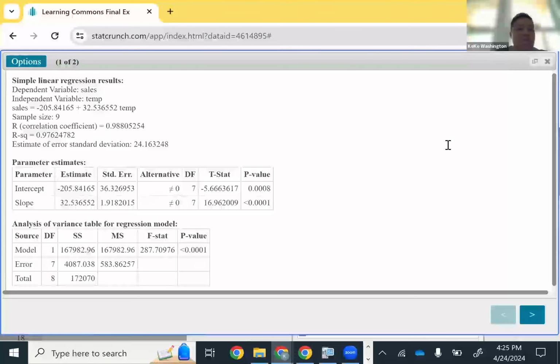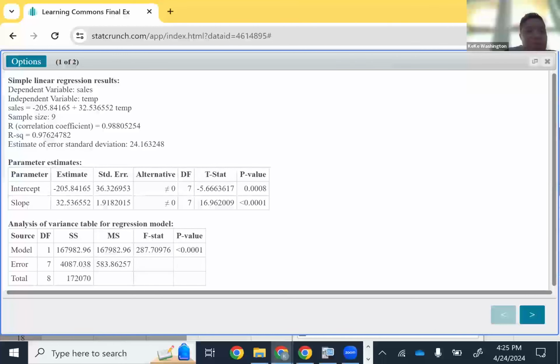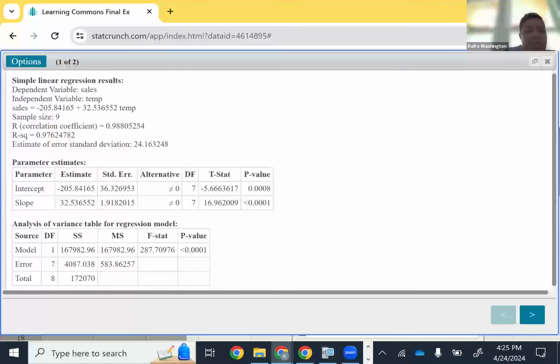Okay, so you are given your regression equation. It's not allowing me to highlight it. All right, so here's your regression equation.